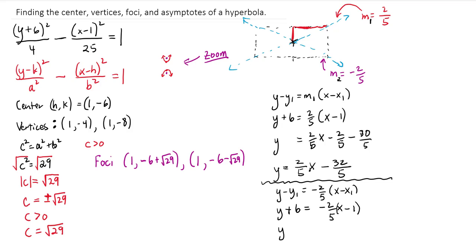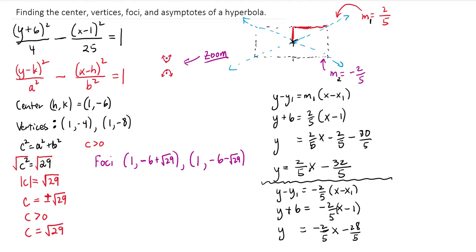Let's see what we get here. y is equal to negative 2/5 x plus 2/5, but then minus 30/5. So plus 2/5 minus 30/5 is actually what? Negative 28/5. And there's your second asymptote.